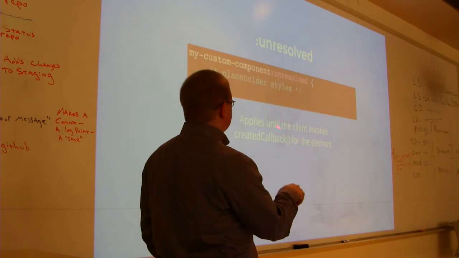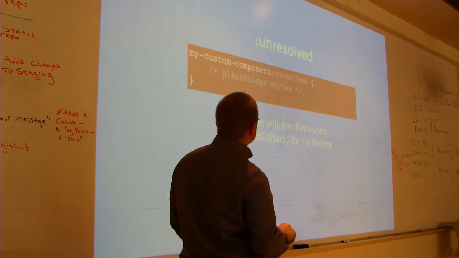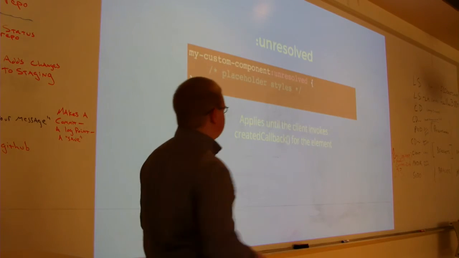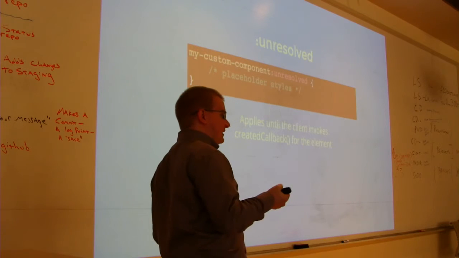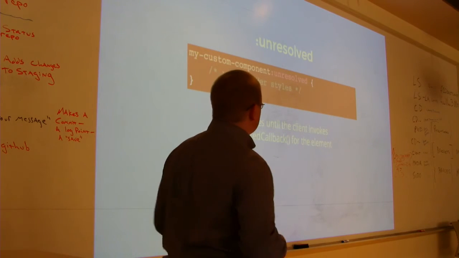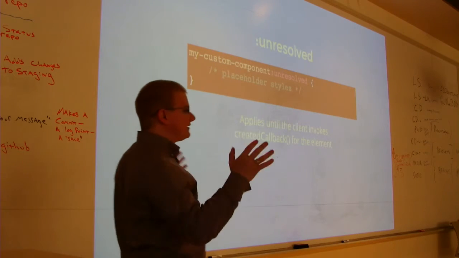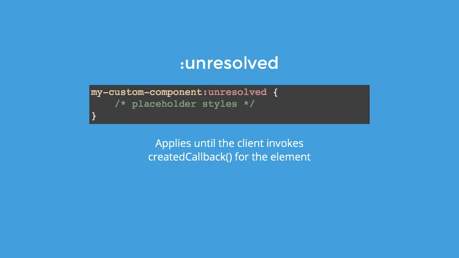It applies until the browser calls the created callback for the element. So unresolved allows us to put some placeholder styles in, because this CSS will be processed before the JavaScript document.registerElement is hit. So the unresolved pseudo-class is how we can give some placeholder styles for our element until the JavaScript kicks in and registers it. Does that make sense?